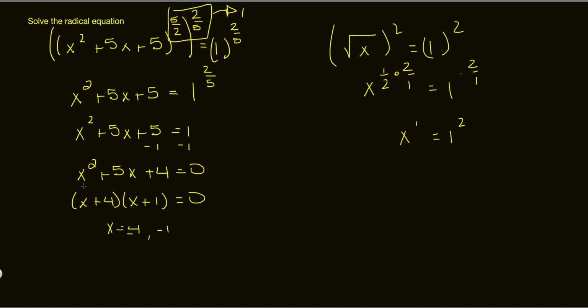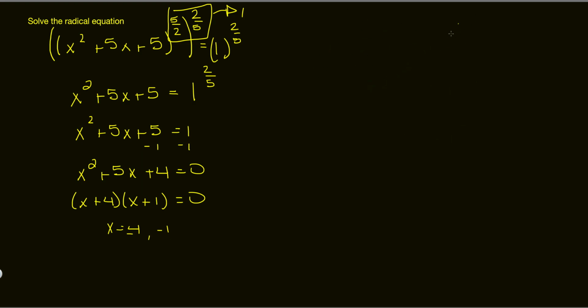The next thing to do is now check for extraneous solutions. Let me clean up this side right here. So the first thing I'm going to test is x equals negative 4. Into the original equation, I'm going to substitute negative 4.